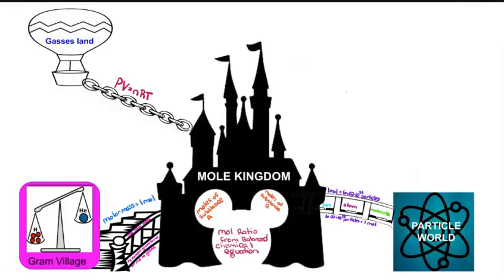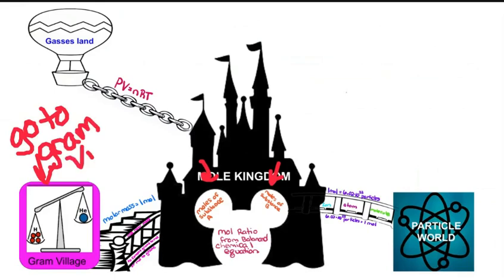So here's where I'm going to introduce Mole Kingdom. Some of you will like this, some of you will not. In order to convert anything in a stoichiometry problem, we have to go through Mole Kingdom. We want to go to Gram Village, but we're starting in Mole Kingdom.